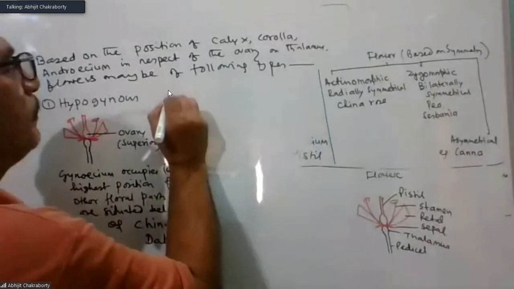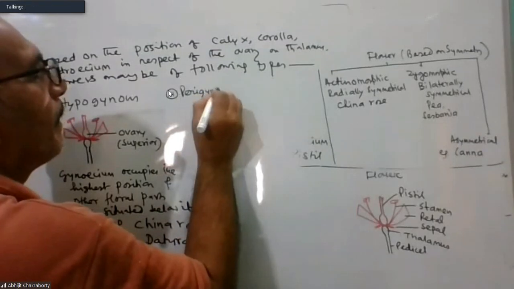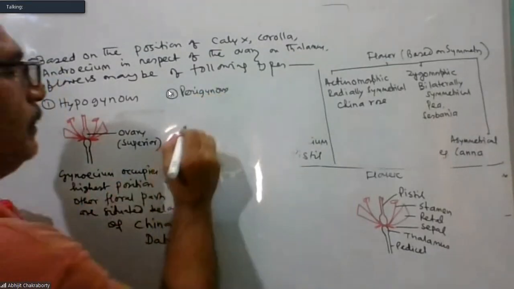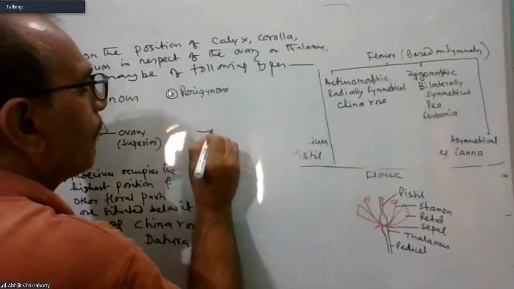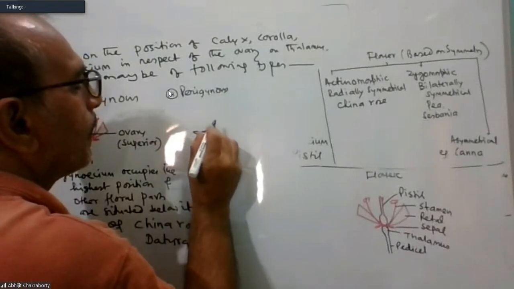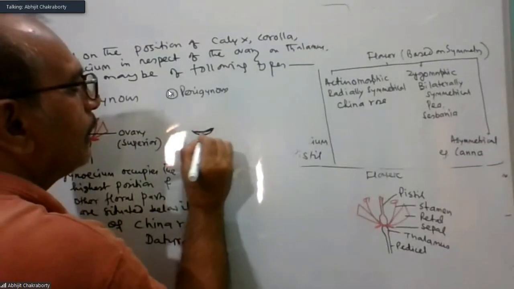Now in case of perigynous, here the thalamus is plate-like.